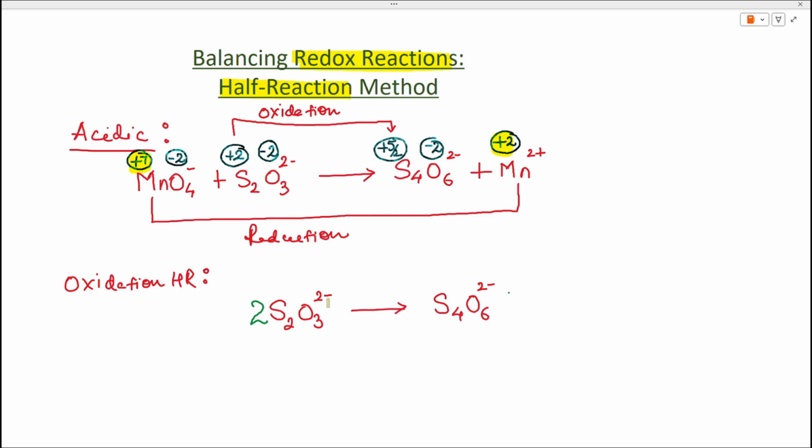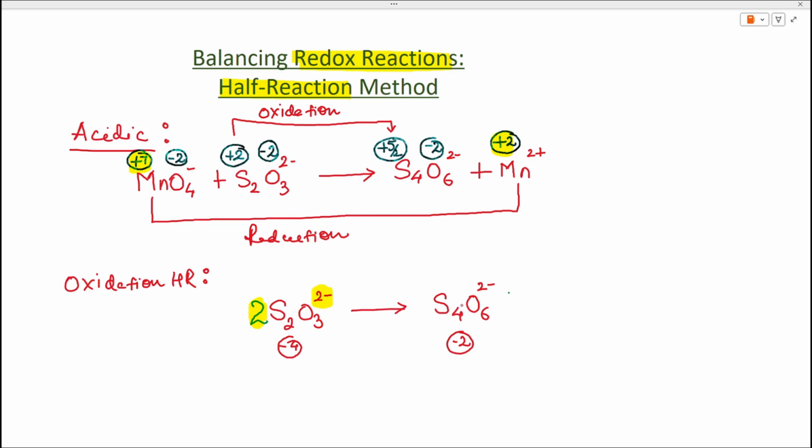So to get the total charge on the left-hand side, the -2 will be multiplied by a 2. So the total charge on the left-hand side is -4, and the total charge on the right-hand side is -2. So what we're going to do is balance out the charges.